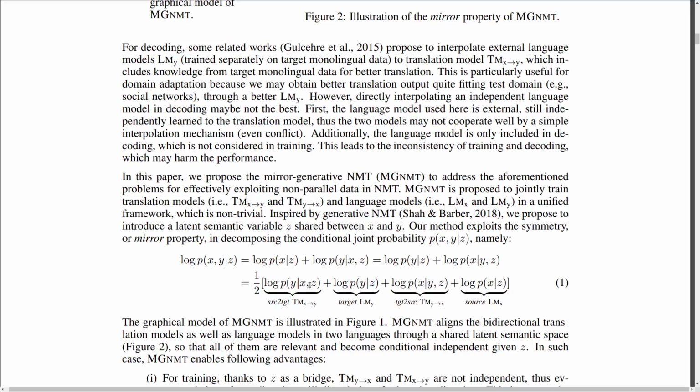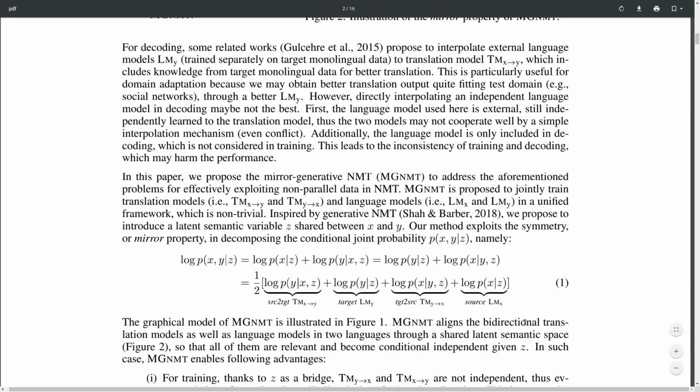And so this latent variable z is shared across all models, and the models are jointly tuned in a mirror fashion. That's why it's called Mirror-Generative Neural Machine Translation. They jointly tune using a parallel or a non-parallel corpus. And so you're learning all the models simultaneously to get those models trained, and then you can use them for your translation purposes.